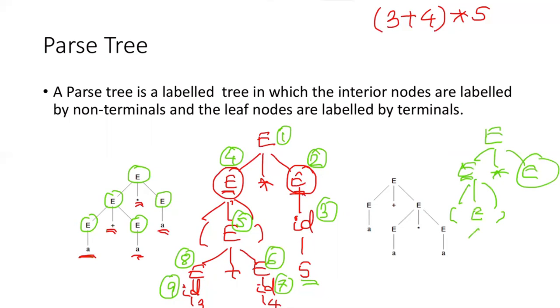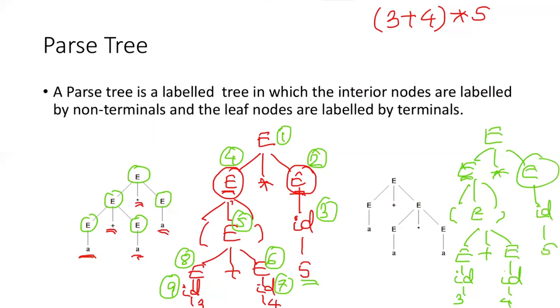Okay, then this I will expand as E plus E. Then I will expand this as ID and this as 3. Then this E I'll replace by ID and then here I get a 4. Okay, then I go to this E. Okay, so I get an ID here and I get a 5 here.